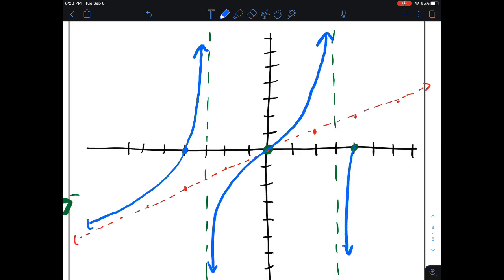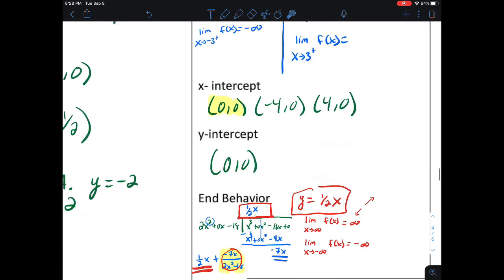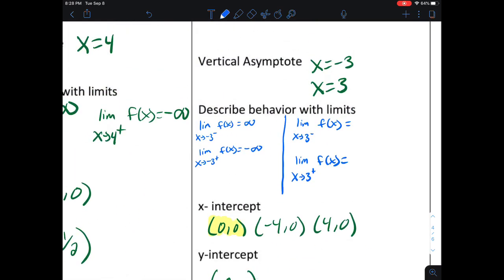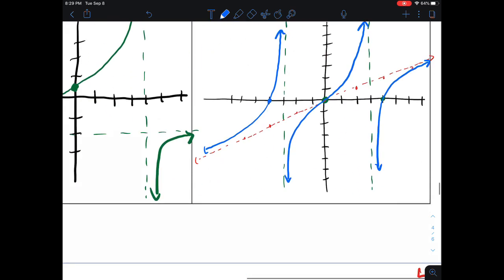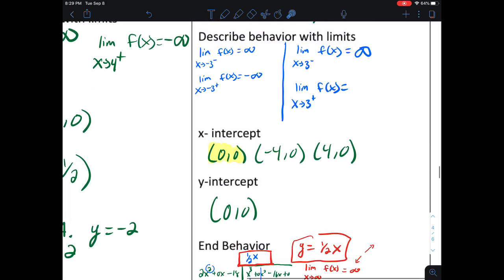And then when I get through the x-intercept, it has to approach that end behavior slanted asymptote that we have illustrated there. So we can finally write this last limit here, describing the behavior as we approach 3 from either side. So from the left side, graph goes up, which means equals +infinity. And as we approach that x value from the right, graph goes down, which means -infinity.